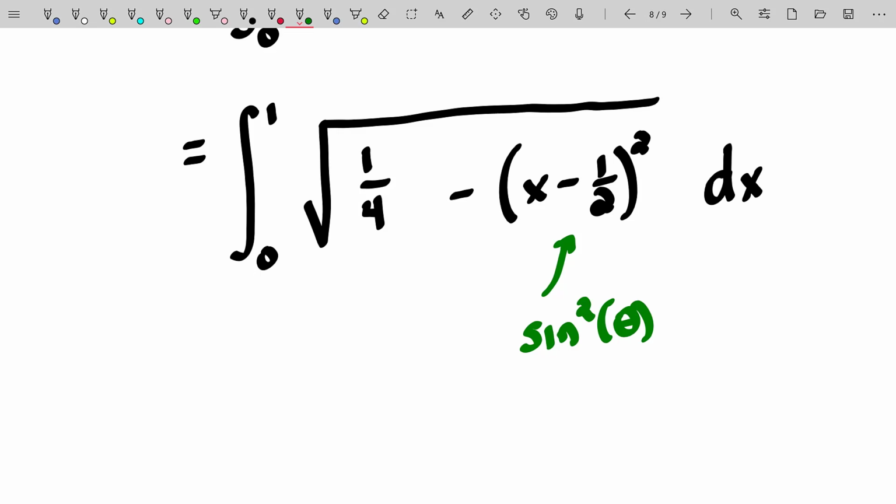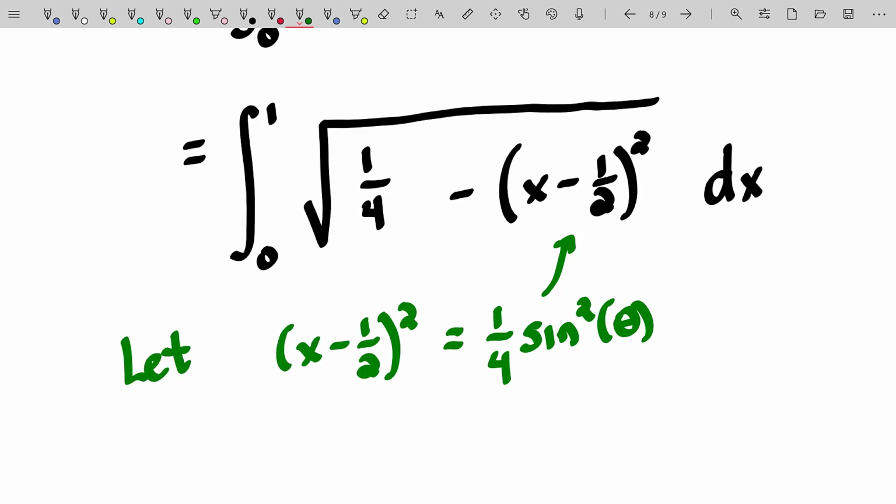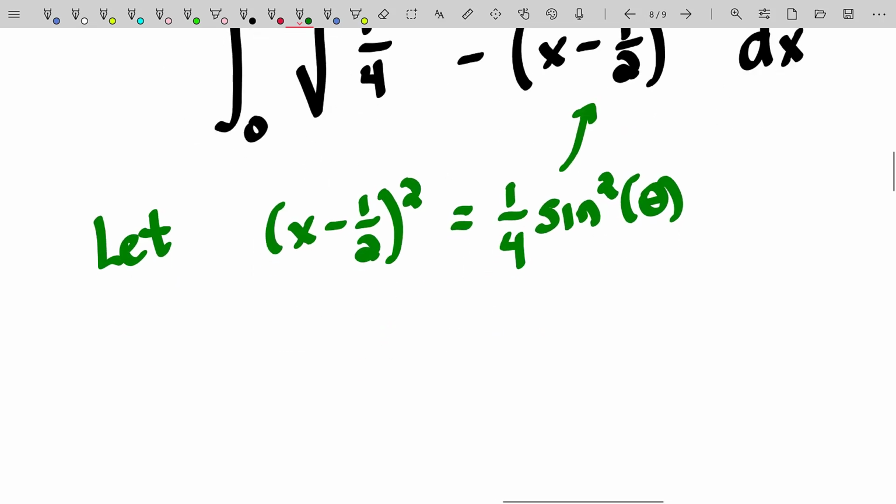And I don't want that. So what I'm going to do is actually allow 1/4 sine squared of theta to be that picture right there. And that's so that when we substitute that in, we can factor out the 1/4 from the first and second terms within that radical.